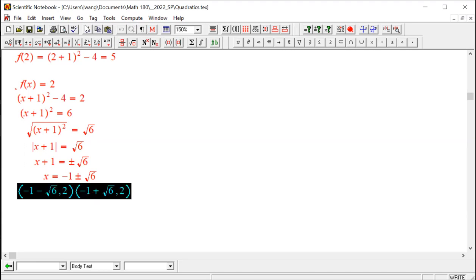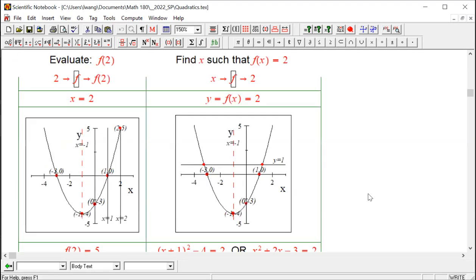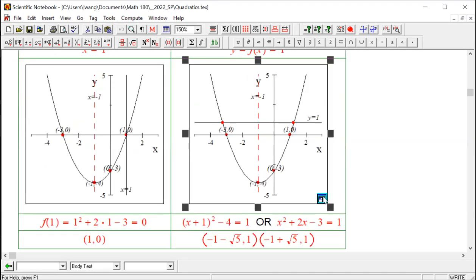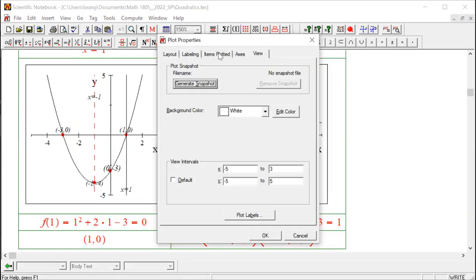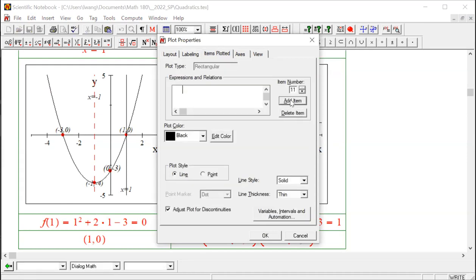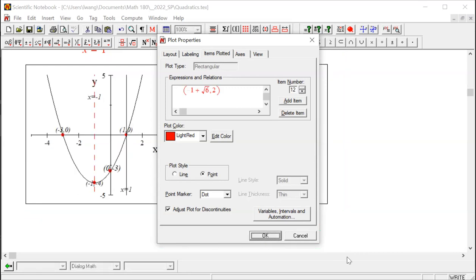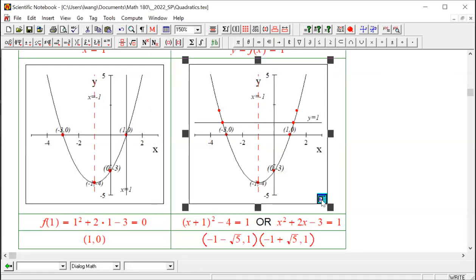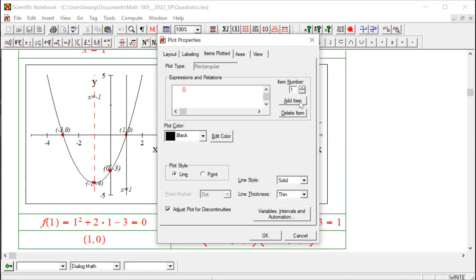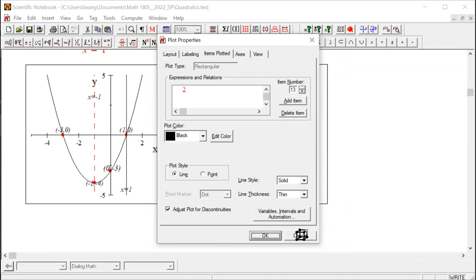Now we can put the dots on the graph. I'm going to put the dots on the graph, red dots, one by one. There we go. And that, of course, is the consequence of drawing the horizontal line y equals 2.